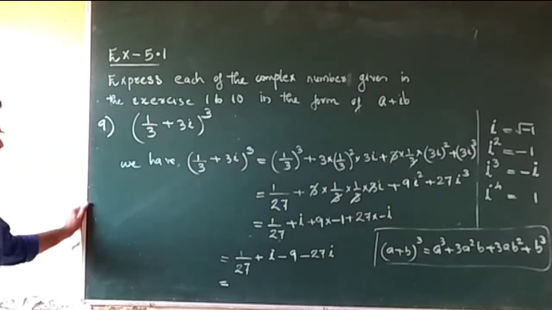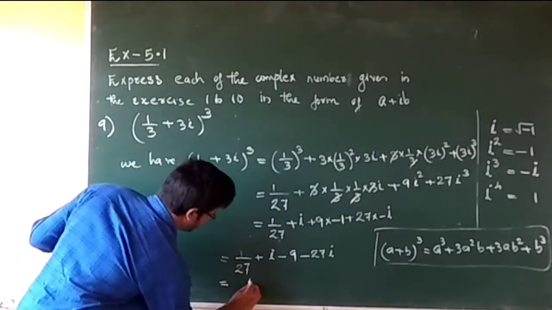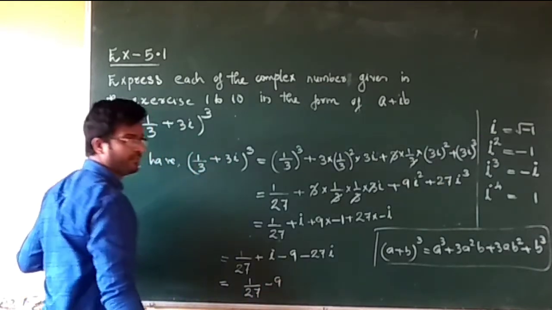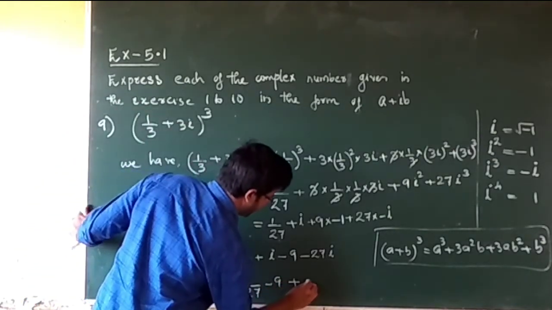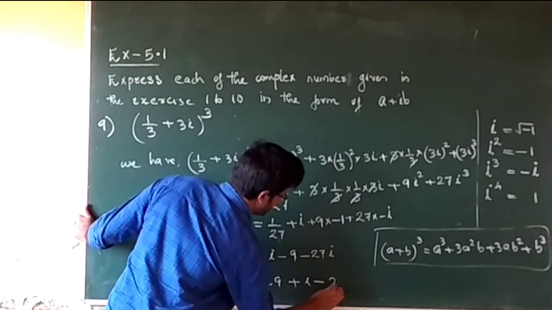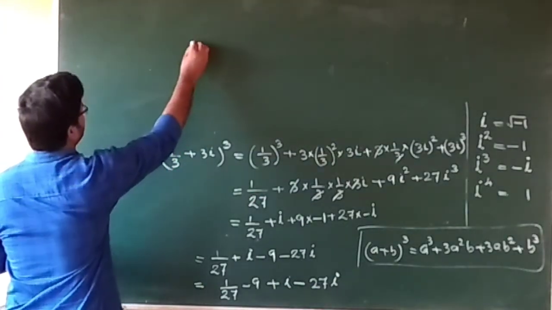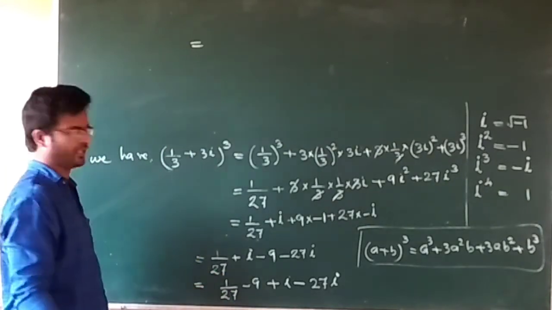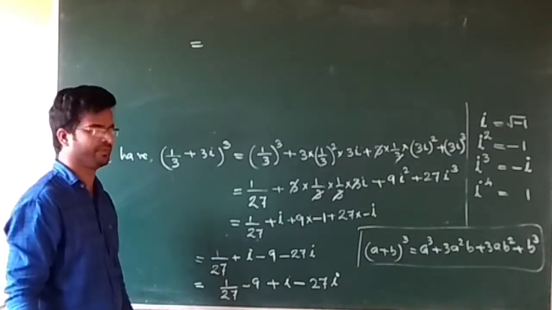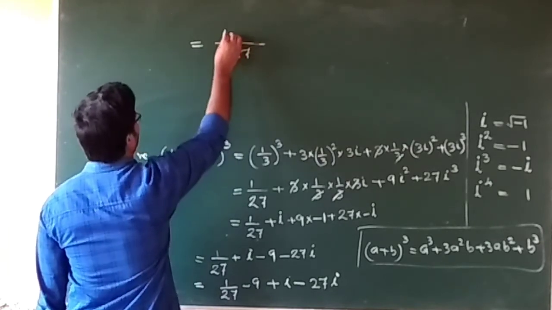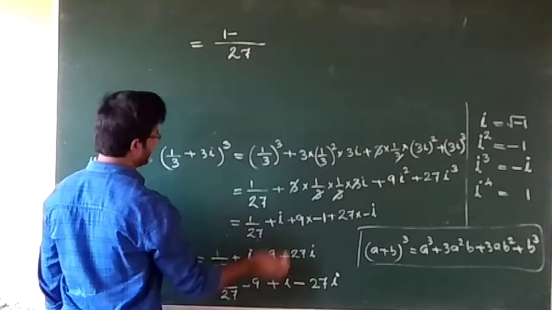First write the real part together, that is 1 by 27 minus 9. Then the imaginary part, that is i minus 27i. Take LCM in the real part. What is the LCM? 27, isn't it? 27. 1 minus 27 into 9.